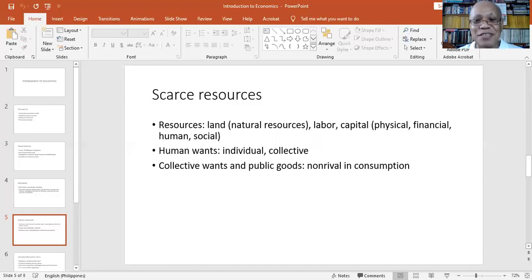Okay? And it satisfies an individual want, which is a desire to satiate your tastes or to relieve your hunger. But when you have a collective want, such as clean air, your enjoyment of clean air in a particular city does not prevent others from enjoying it as well.